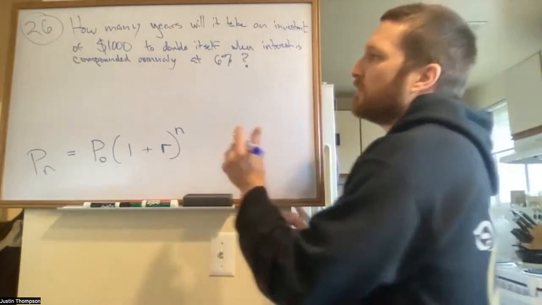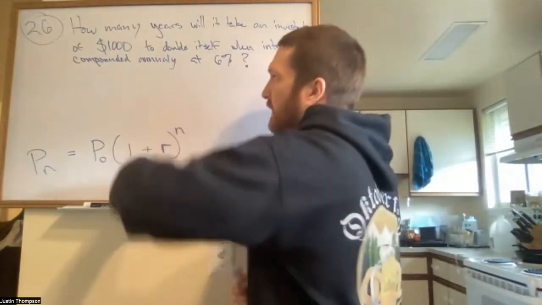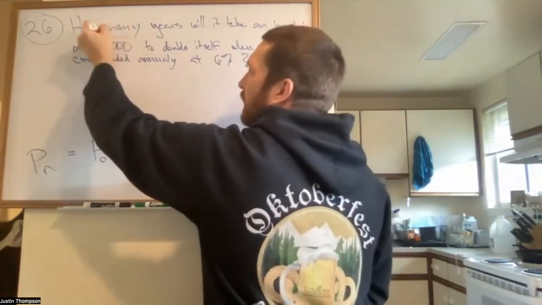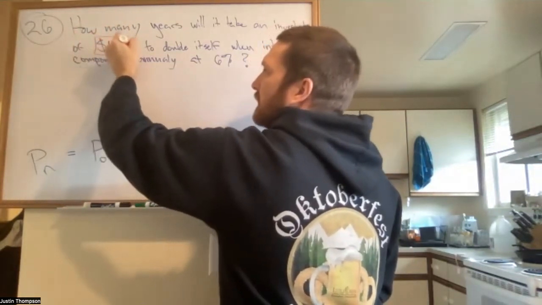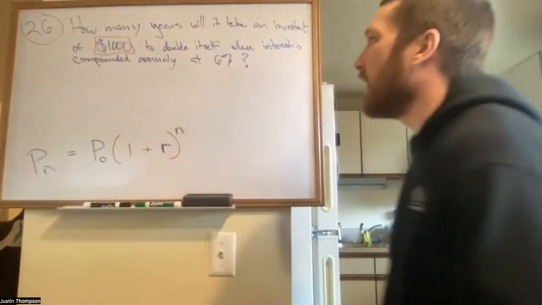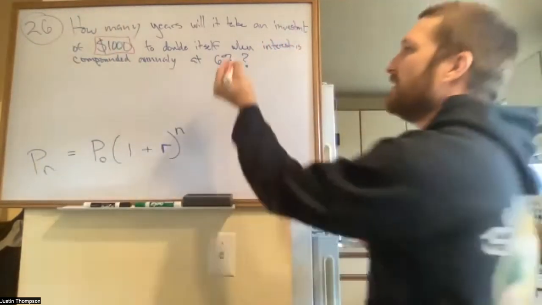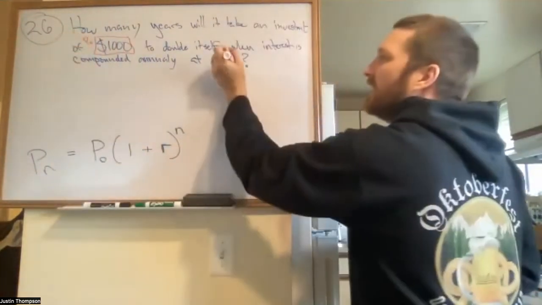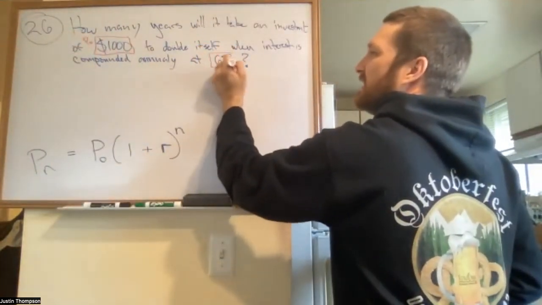First off, I'm going to identify a few things. The initial amount, P0, is the $1,000. The 6% is the interest rate.